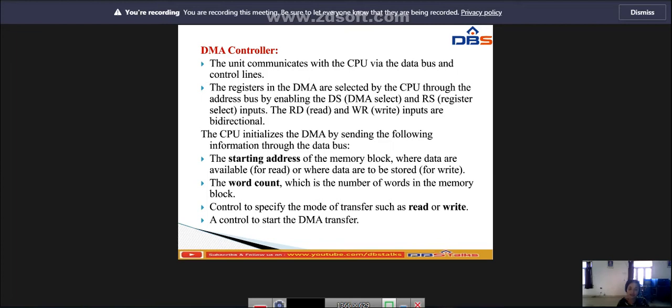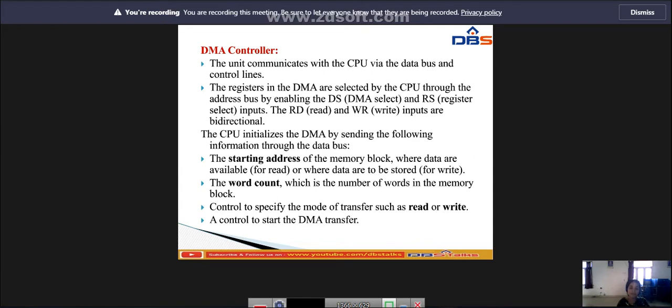The registers in the DMA are selected by the CPU through the address bus by enabling the DS and RS inputs. DS means DMA select, direct memory access select, and RS means register select. The RD and WR read and write inputs are bidirectional.